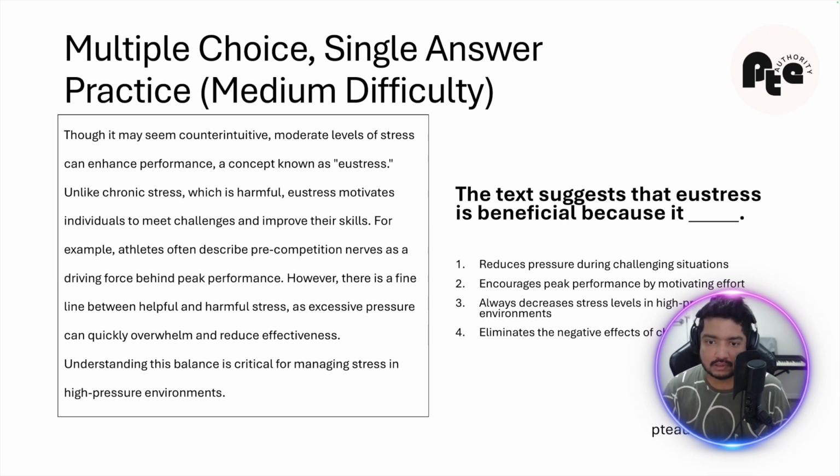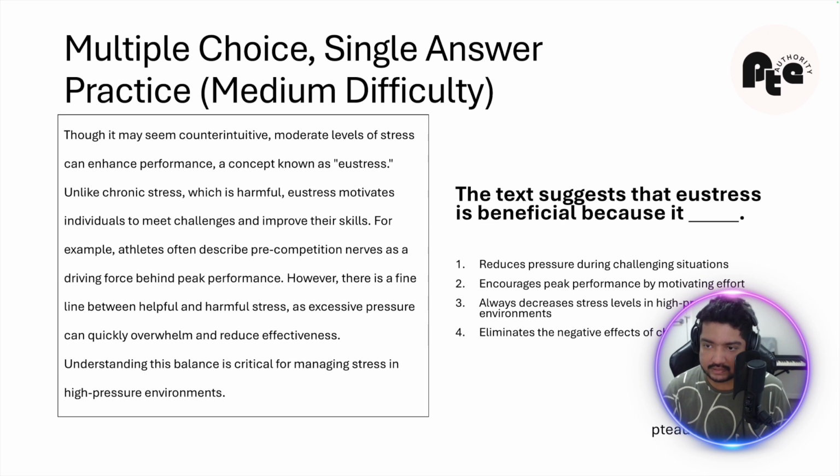The first option, reduces pressure during challenging situations. That is not correct because eustress does not reduce pressure. Option 2, encourages peak performance by motivating effort. That kind of aligns with my answer, but let's go through the remainder of the options. Always decreases stress levels in high pressure environments.